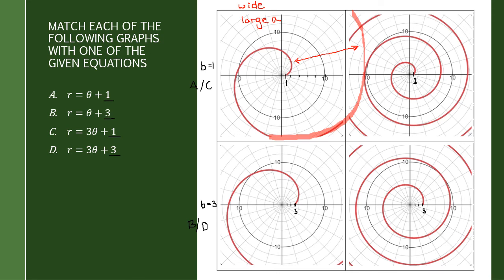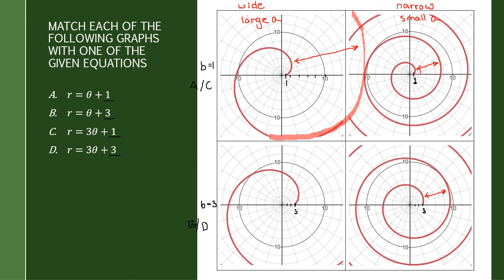So these both are wide spirals, which means that they have a comparatively large A value, a comparatively large leading coefficient. These 2 over here on the right, these have a much shorter distance between loops of the curve. So when you have a short or a tight spiral like this, a narrow distance, so to speak, that means that they have a small A value.